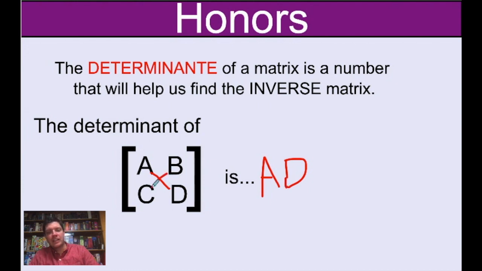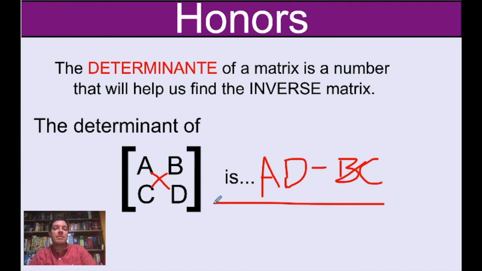Then we're going to multiply the other diagonals, B times C. And then you're going to subtract those two. And that's going to give you a number, and this magical number is called the determinant. So AD minus BC, that's a formula you're going to need to memorize.